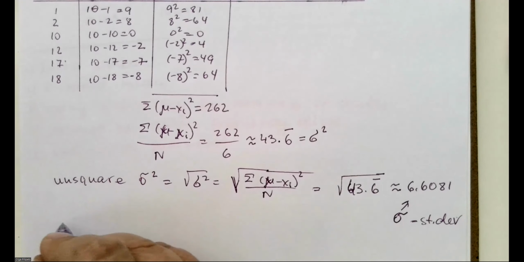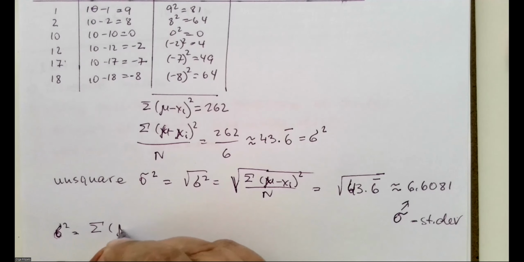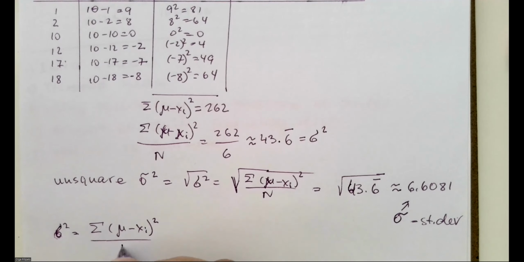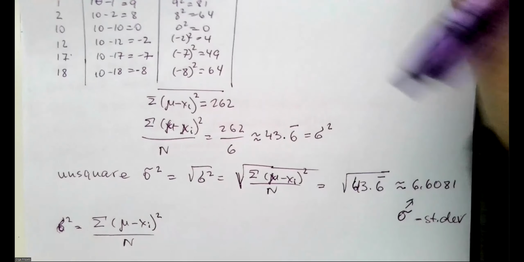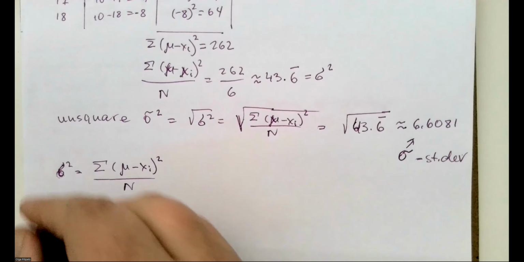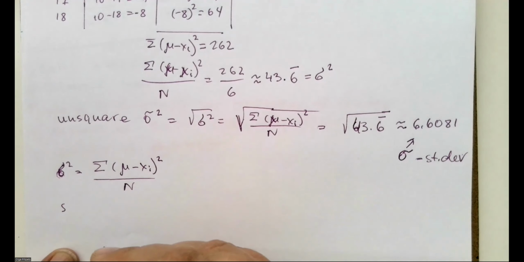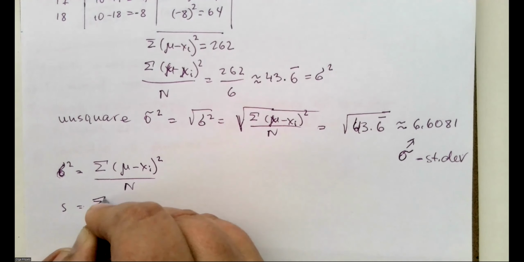So the formula that we use for the variance of the population is sigma squared, the sum of x minus the mean squared, divided by n, right? Now, for the standard deviation of a sample, we're going to use a different letter. It's S, and the formula will vary slightly.